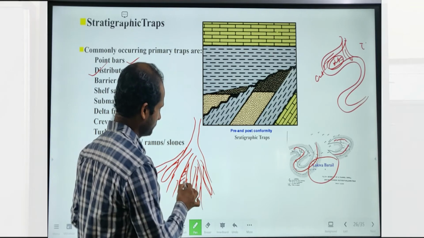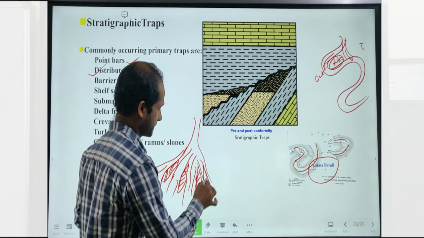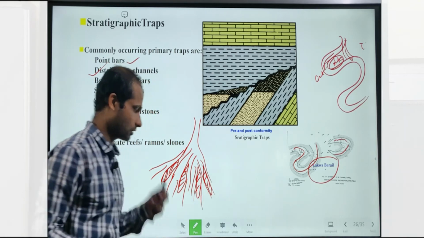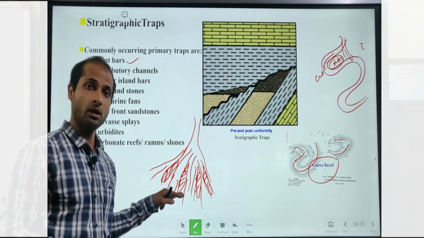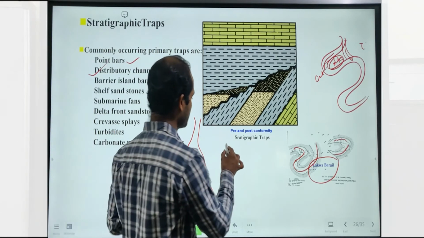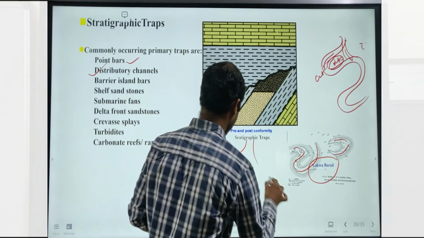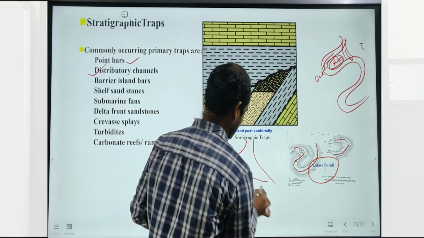And this sand we call distributary bar sand. They can be longitudinal or they can be transverse, they can be like this or they can be like this.